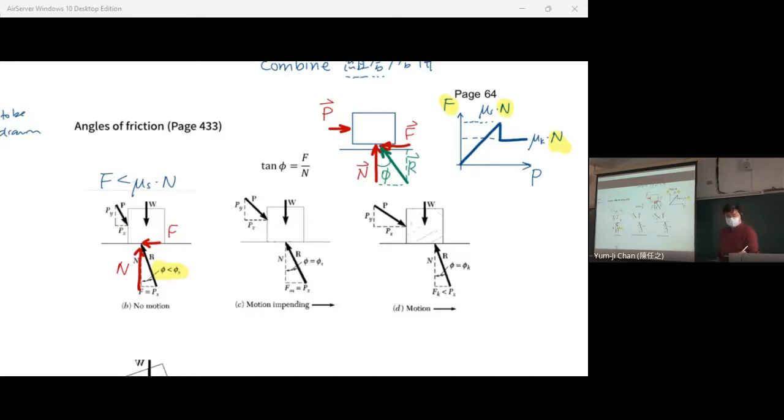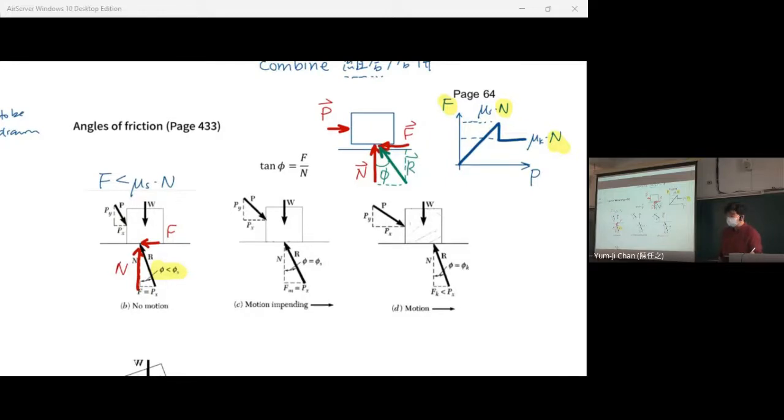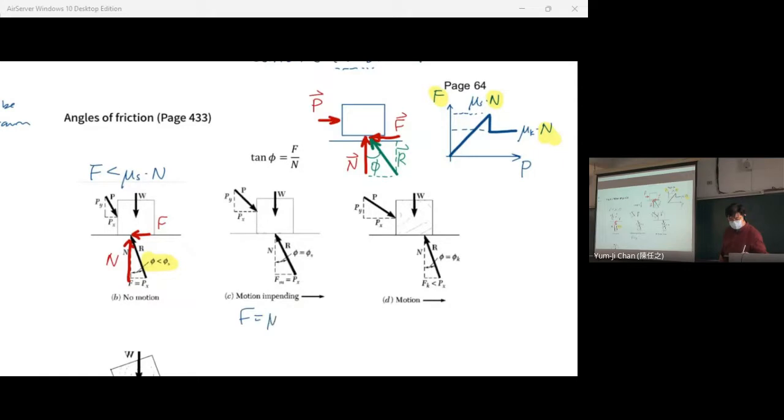If the friction force is reaching this point, what's this point called? This point is called motion impending. That means F is equal to mu s times N. So we say the angle phi is equal to phi s, because remember F is here and N is here.